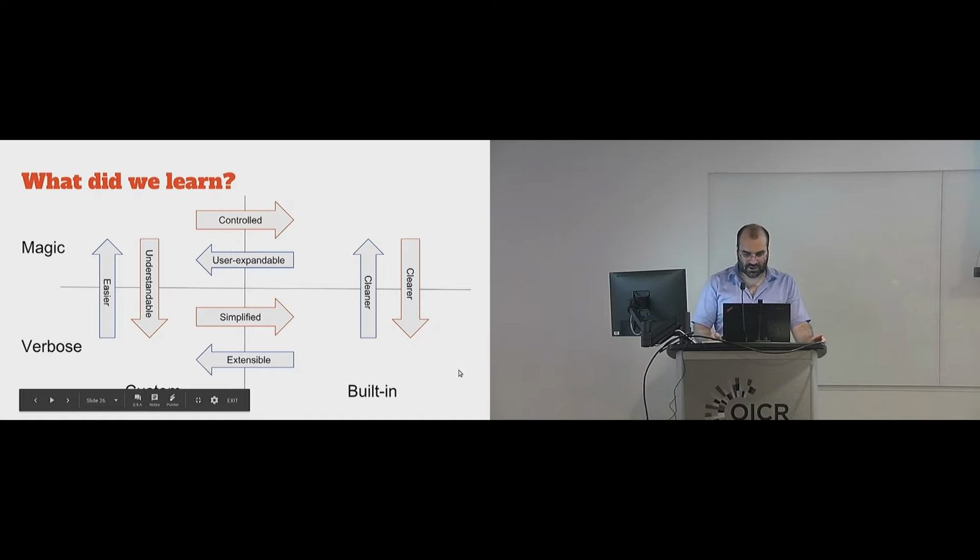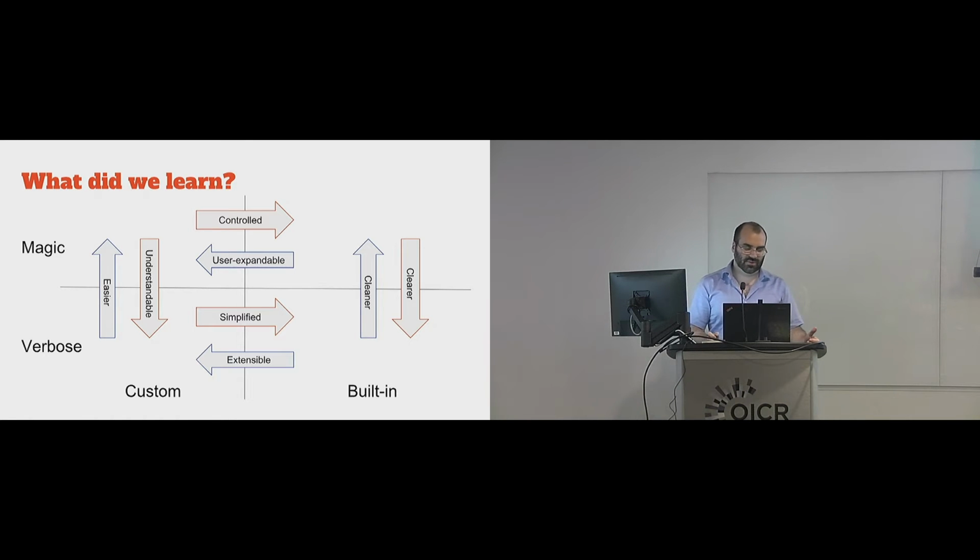So if we're going to talk about the differences between all these things, let's talk about the words that we use. Whenever we reduce the magic and go from something that is more magical to something that is more verbose, these two down arrows here are, you know, if it's fairly built in, we talk about usually it's getting clearer, right?